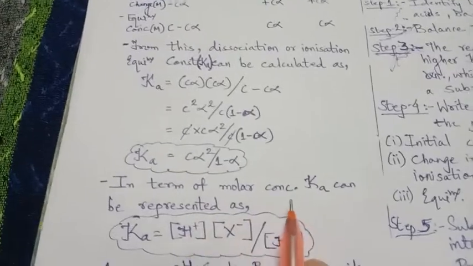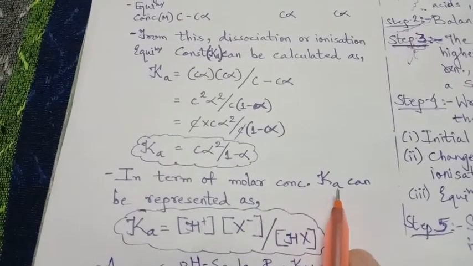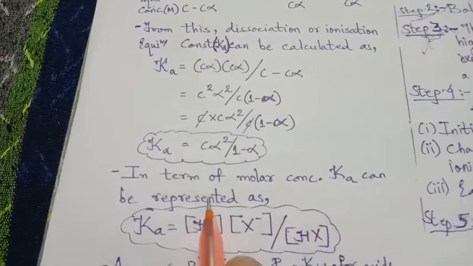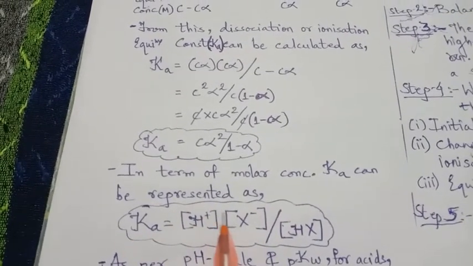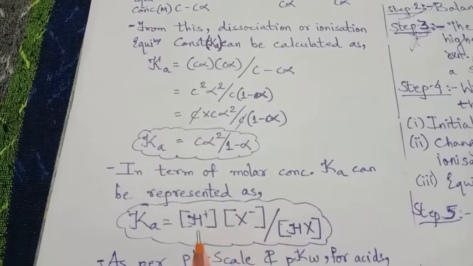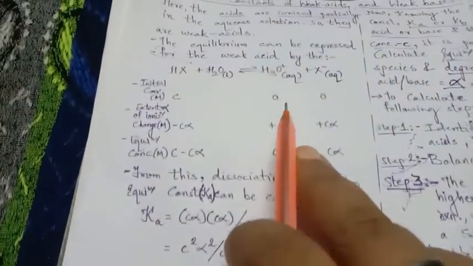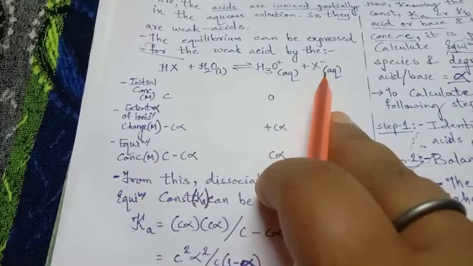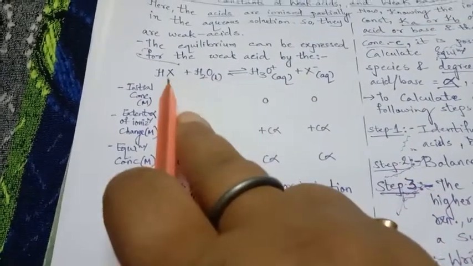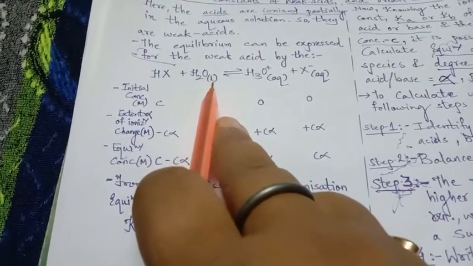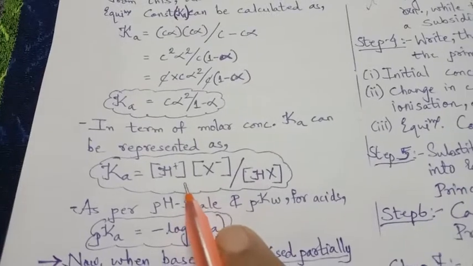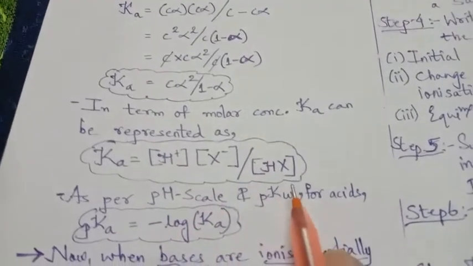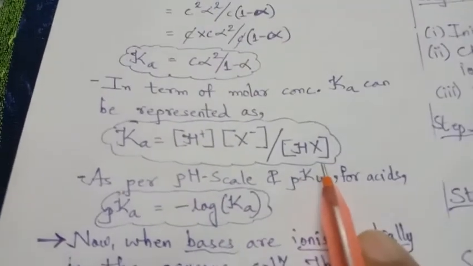In terms of molar concentration, the dissociation constant for acid can also be represented as K equal to the product of the products, concentration of H plus multiplied by concentration of X minus, divided by the concentration of HX. H2O is a liquid, so we are not supposed to consider it.